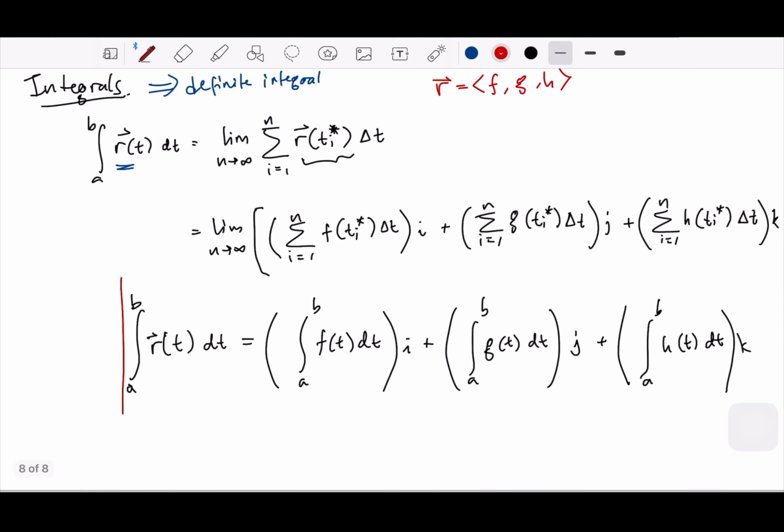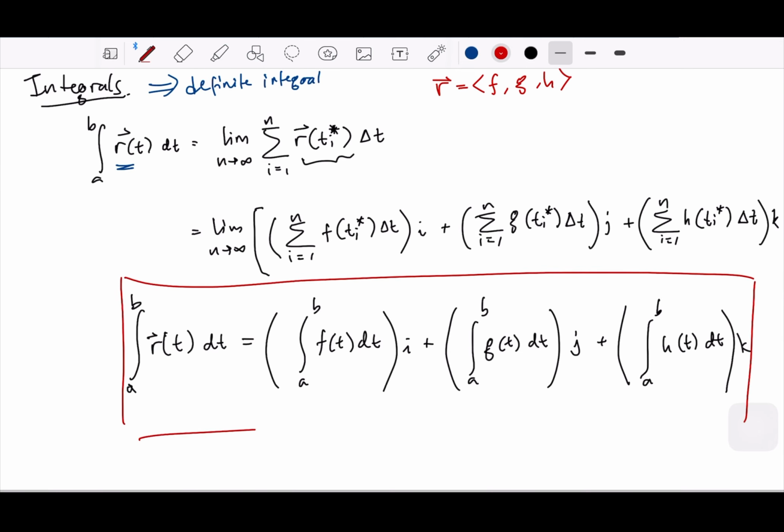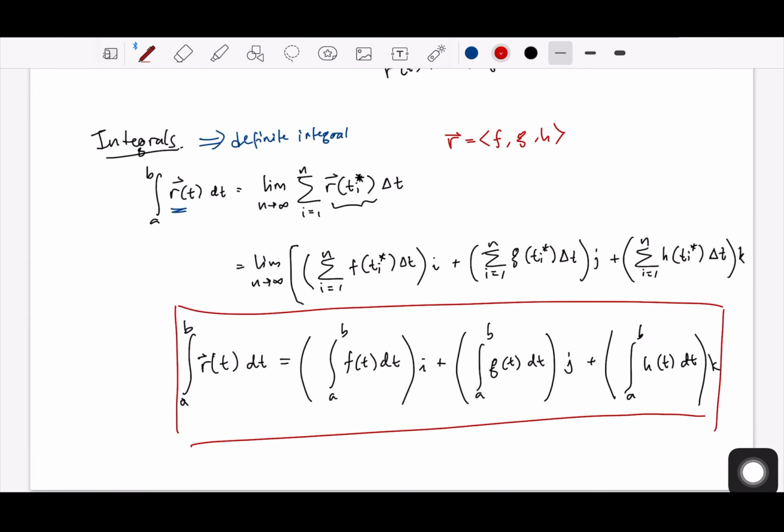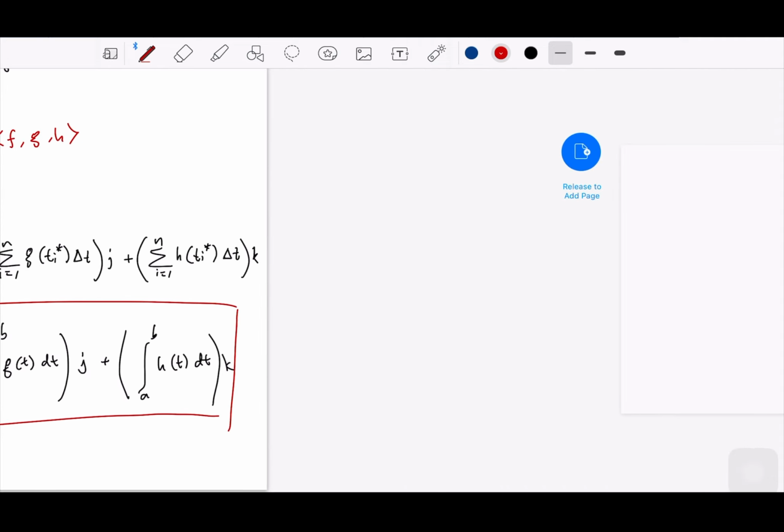Now this is the first one for integrations. You can pause the video if you want to take some notes, and I will just keep going a little bit.